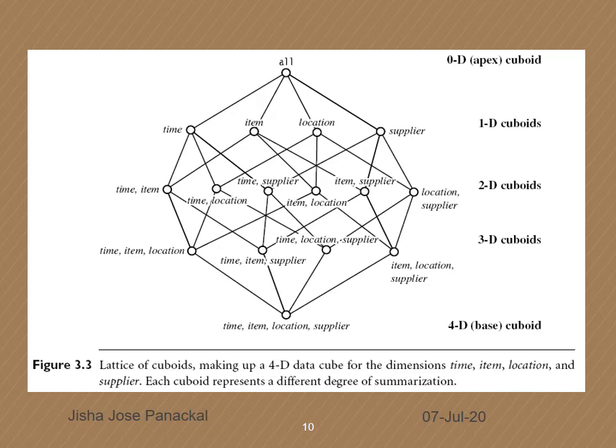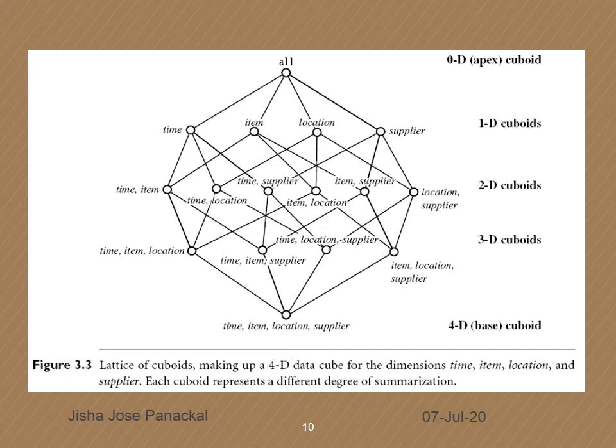For example, we can view the same 4-dimensional data based on the subsets that are 3 dimensions. The 3-dimension subsets include time, item, location; time, item, supplier; time, location, supplier; and item, location, supplier. These are the possible subsets of the 4 dimensions when we view it as a 3-dimensional data cube.